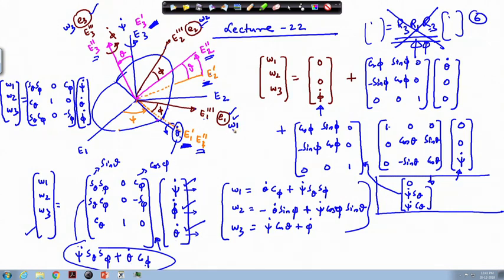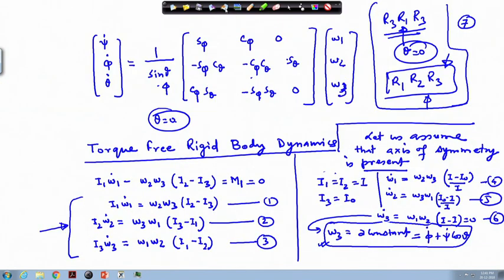So omega 1 is along this direction, omega 2 along this direction, omega 3 along this direction. So the omega 3 value does not change with time. This is what it says: if you have the torque-free case of the rigid body, omega 3 will remain constant, meaning there is a relationship between phi dot and psi dot, related by this theta.